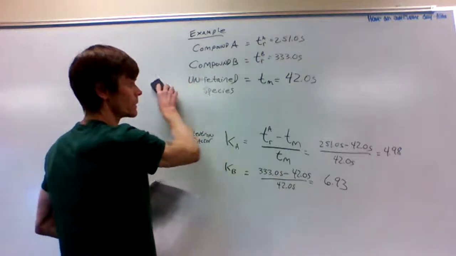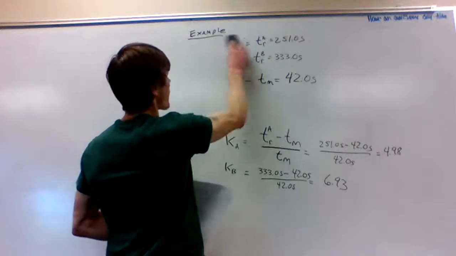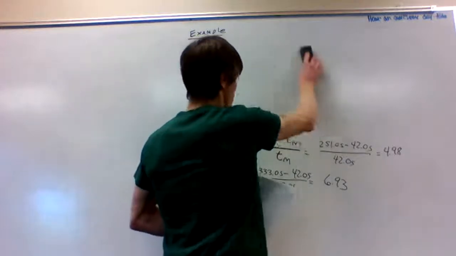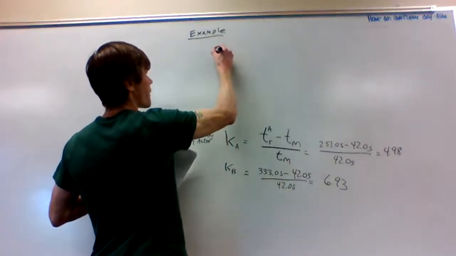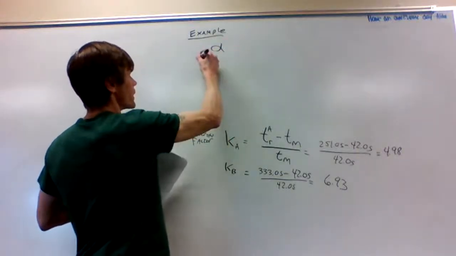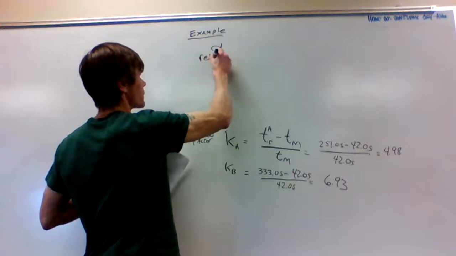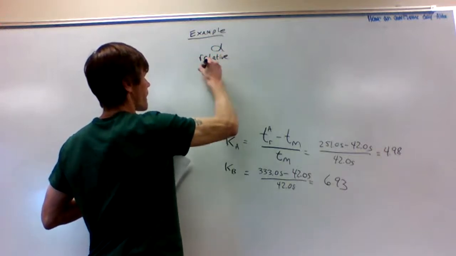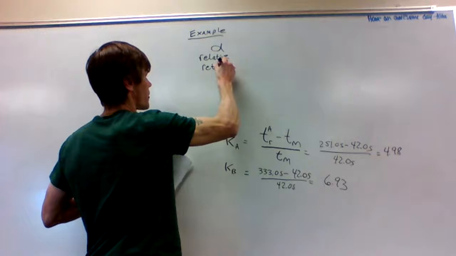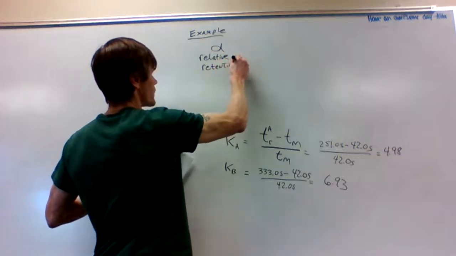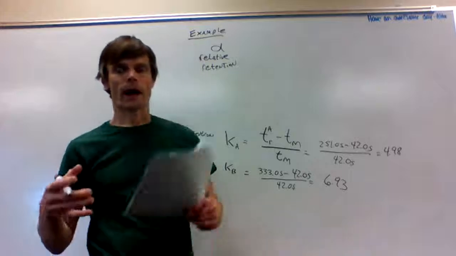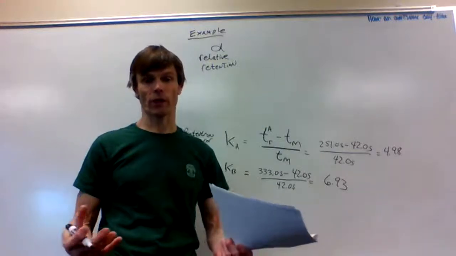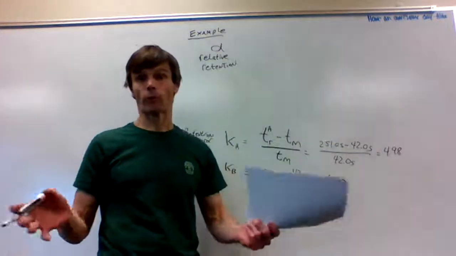I'm going to erase this. Alpha is the relative retention. Relative retention tells us a little bit something about how the two components that we're focusing on are separated relatively.